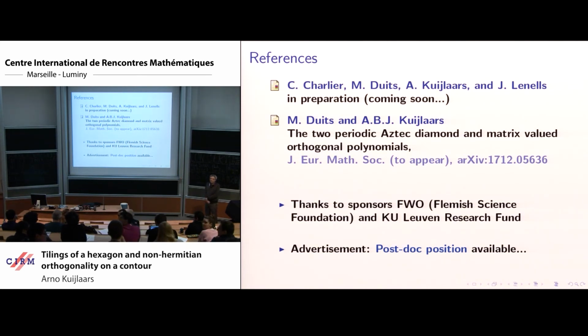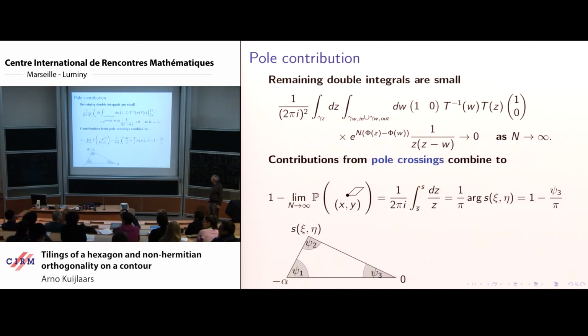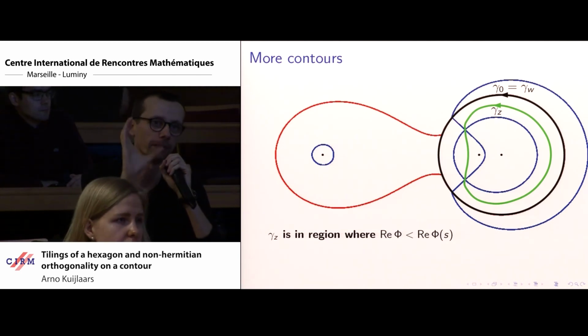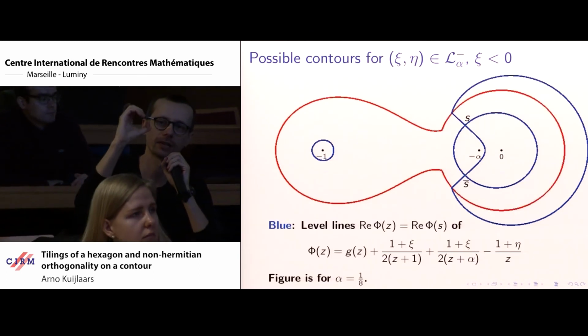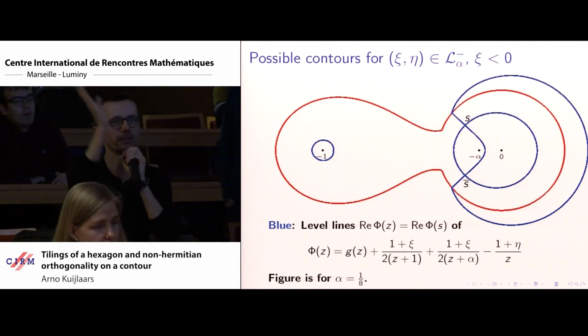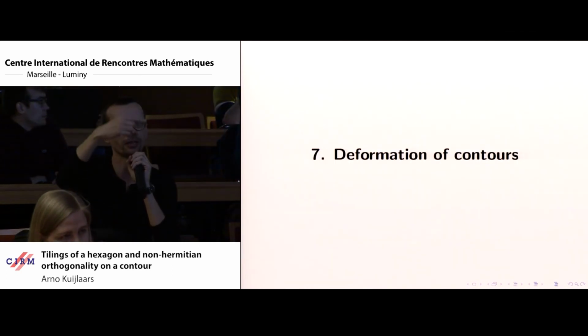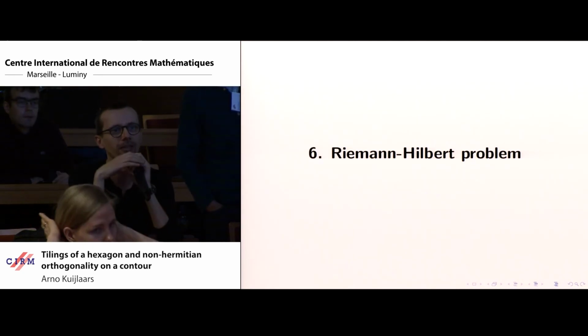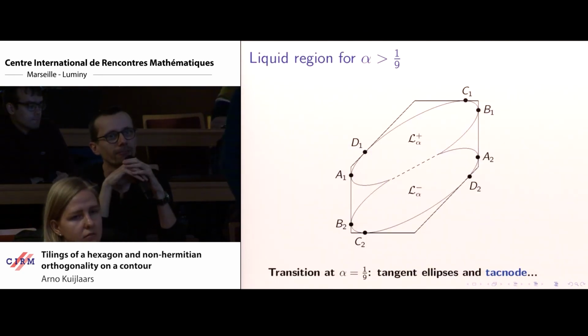Am I missing something here? In Pierre's talk, the cusps were sort of in the time direction, whereas in your case, the cusps are perpendicular to the natural time direction. Is that right? Yeah, I mean this cusp here.